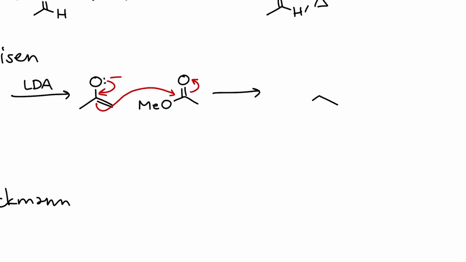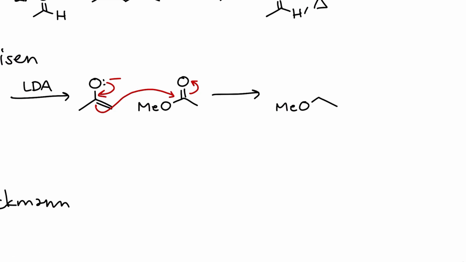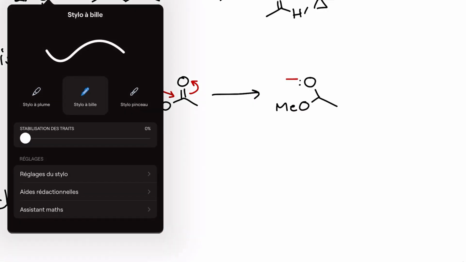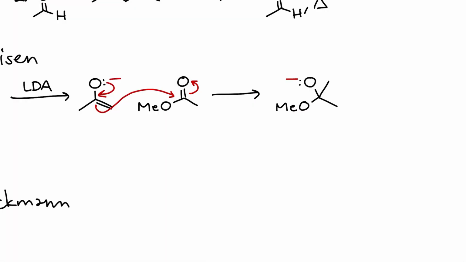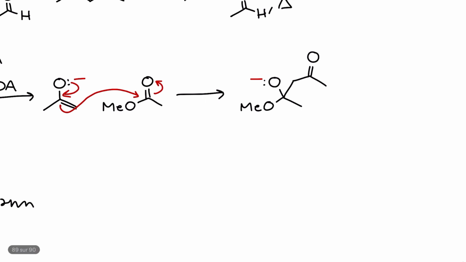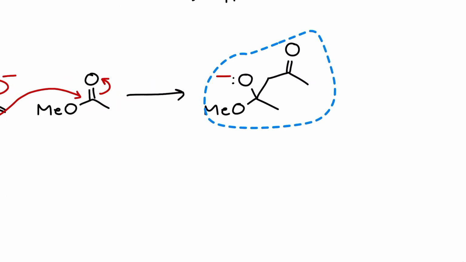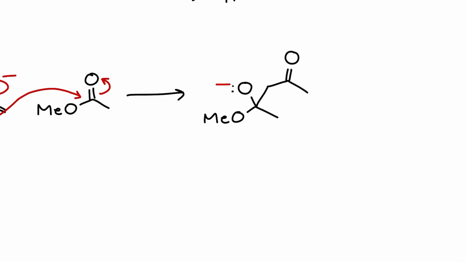So it's going to form like this. Now how do I draw this to make it look nice? Anyways, here you go. This will be your intermediate, right? Then what's going to happen next is similar to when you do acyl substitution, right?